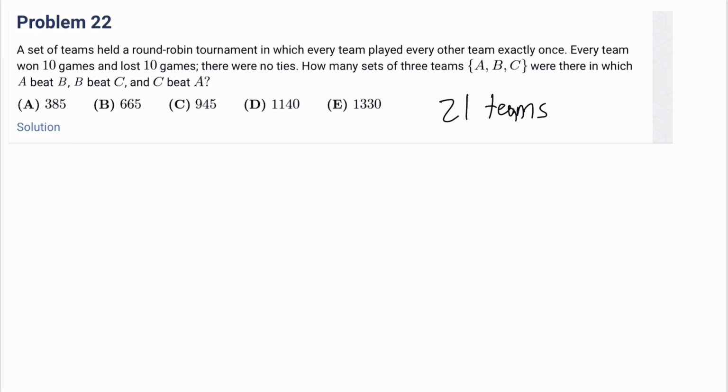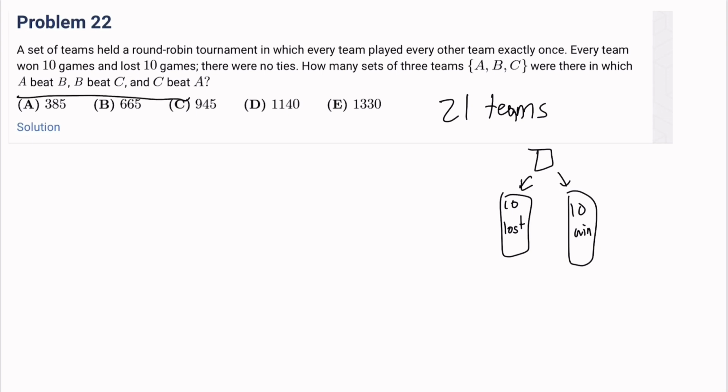And for every team, there were 10 it won against, and 10 it lost against, right? And so the scenario that we want is 3 teams A, B, C, where A beat B, B beat C, and C beat A, right?